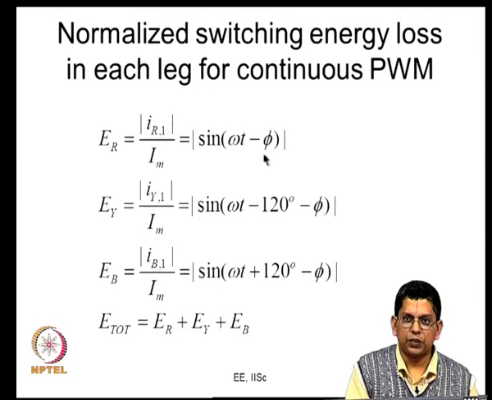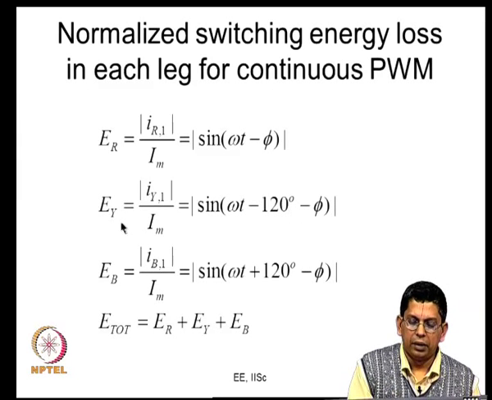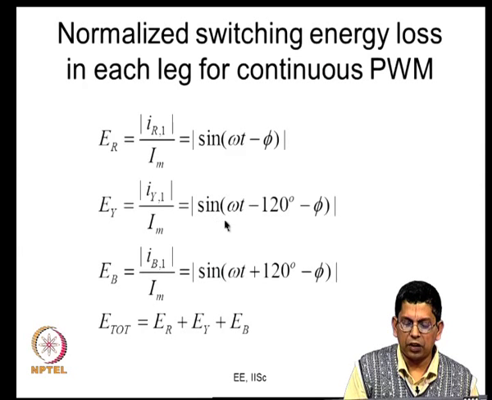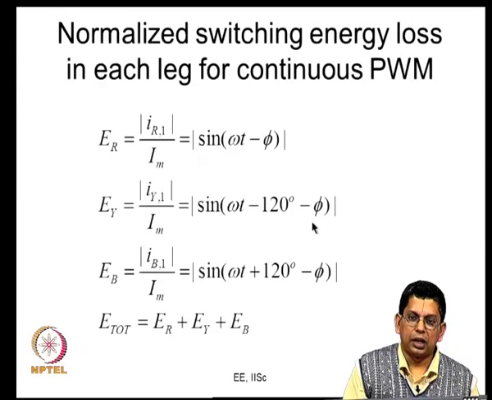Here I have used minus phi, in some other places I have used plus phi, but please do not mind that. You know what I am trying to say. This is a certain power factor angle, phi. Similarly, sin omega t is your R phase modulating signal, and the Y phase modulating signal would have the amplitude multiplied by sin(omega t minus 120). Sin(omega t minus 120) is the phase angle for the Y phase fundamental voltage, so omega t minus 120 minus phi would be the phase angle of the fundamental current of Y phase.